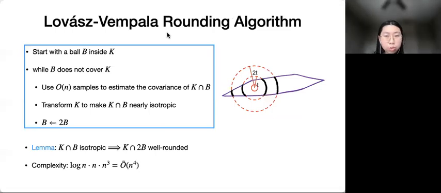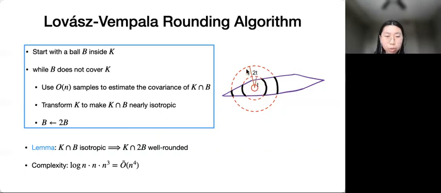And this is the current rounding algorithm by Lovász and Vempala. We start with a ball inside K, and then use n samples to estimate the covariance of K intersect B. Suppose this is B and this is K intersect B; we transform K by the covariance of this part to make it nearly isotropic.